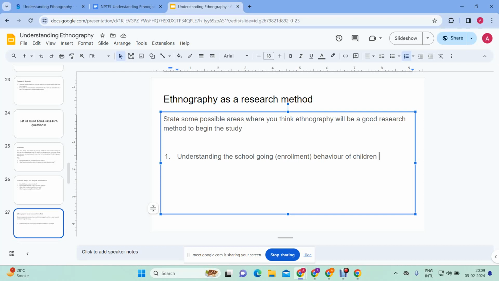Okay, then we are not doing the enrollment part, right? Then that becomes something that is focused on dropping off from school. But then we are not doing it that way.